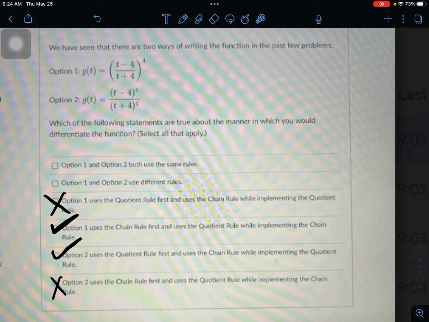But while doing the chain rule, I would not be implementing the quotient rule. So yeah, that one takes a little bit of thought to rule out option 2. And when we get on Zoom, I can discuss that a little bit further. But yeah, it's these 2. So it's 2.